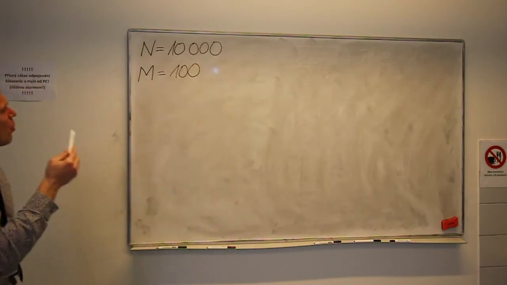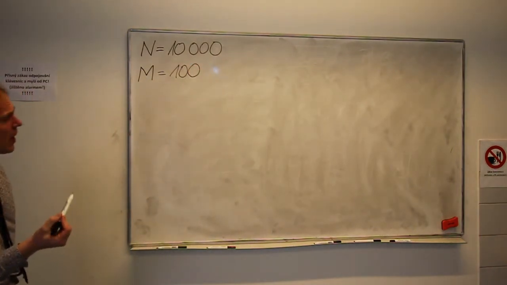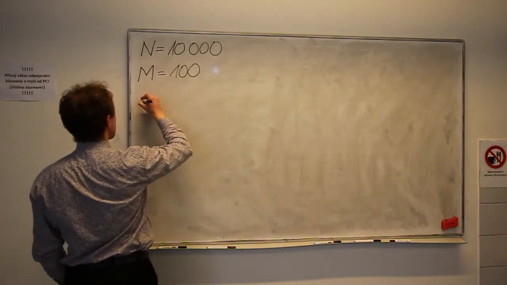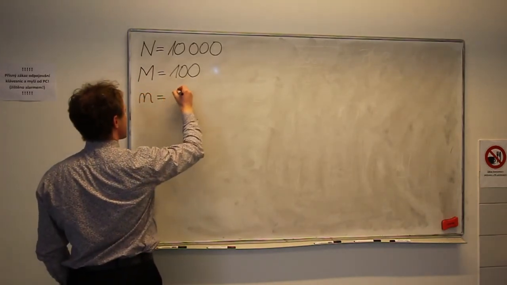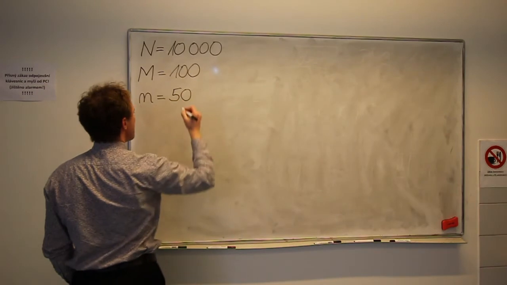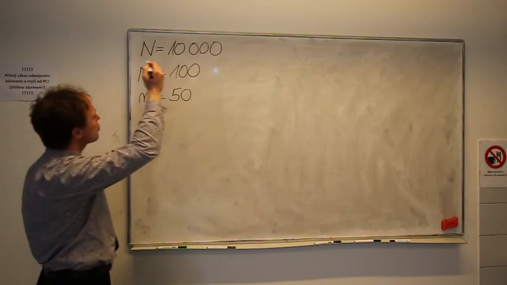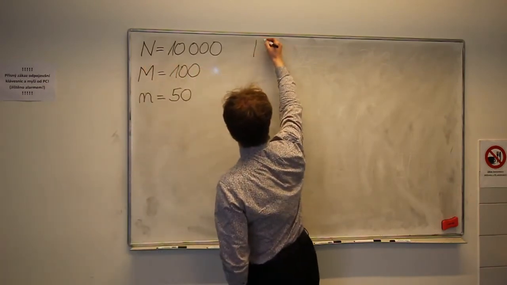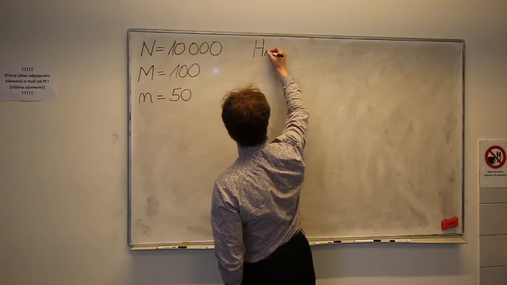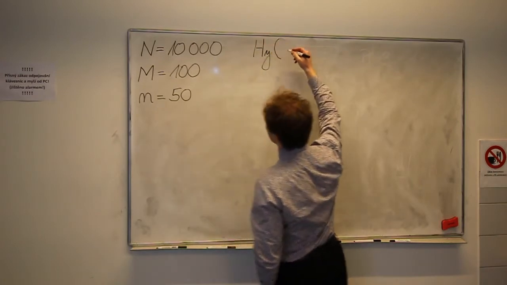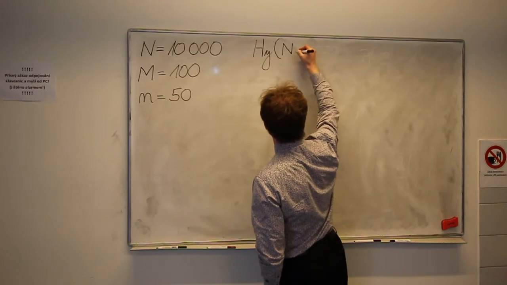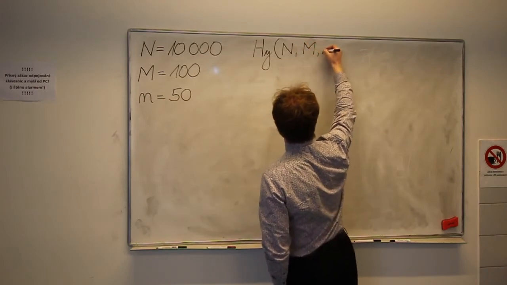Yes, we have 100 left-handed persons, and a random selection n equal to 50 persons.